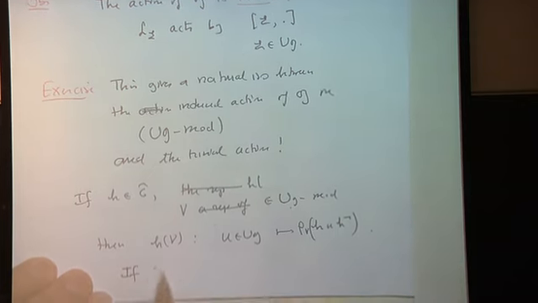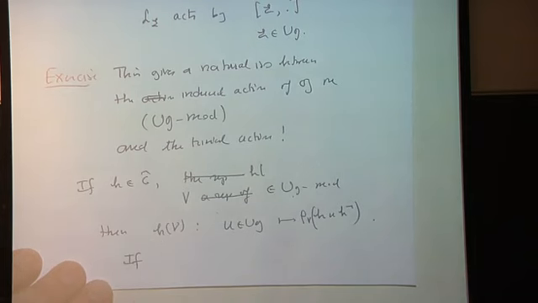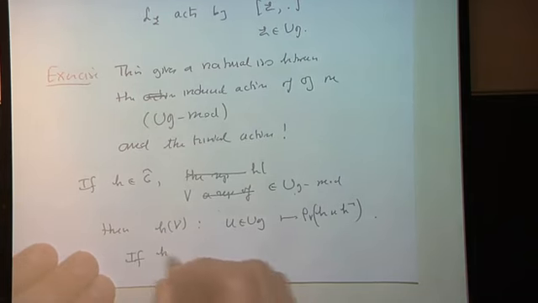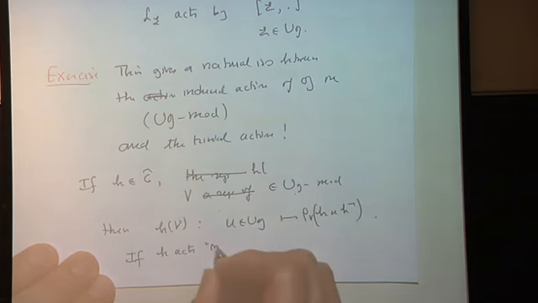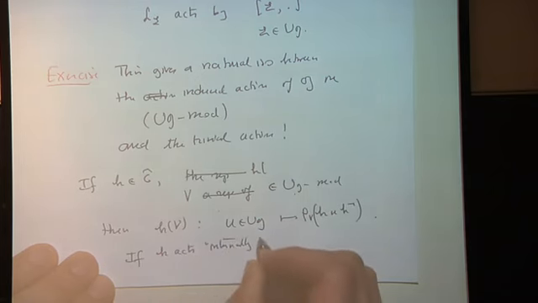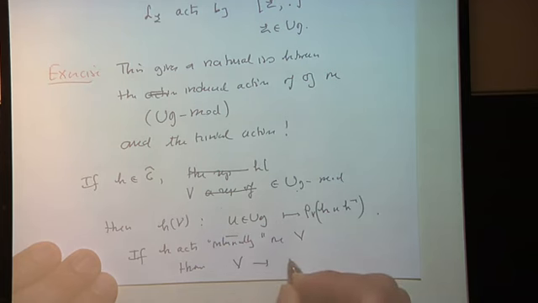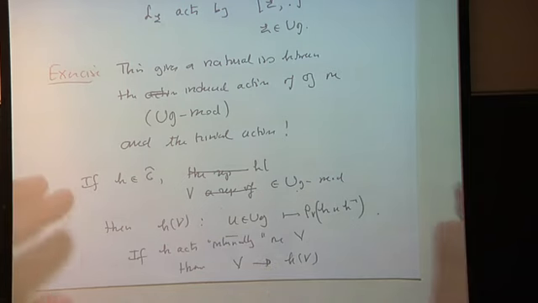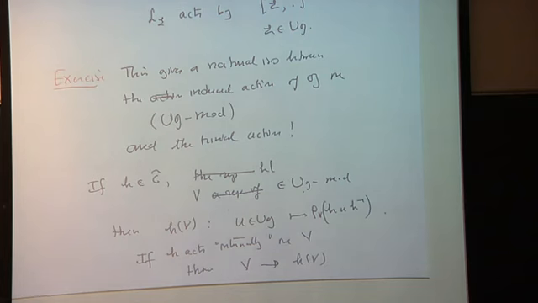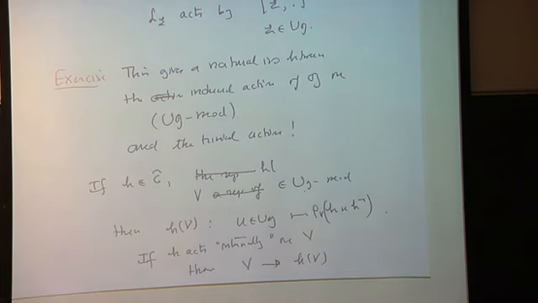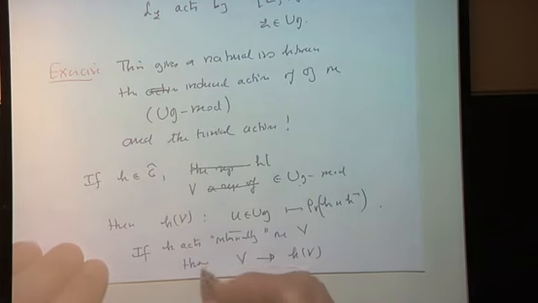But now if the element H was actually represented on V, let's say internally on V, then the map from V to this H of V, then sorry, H of V becomes isomorphic to V by just, I'm really mangling this up, sorry.